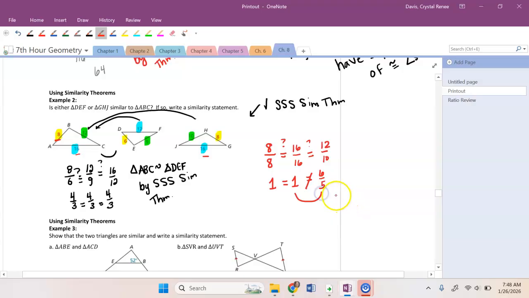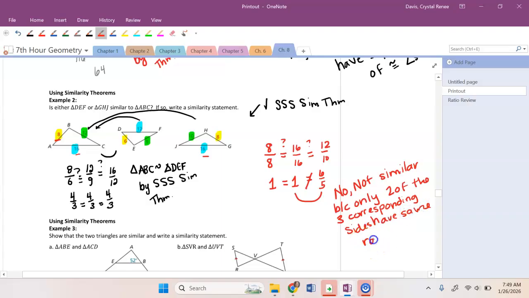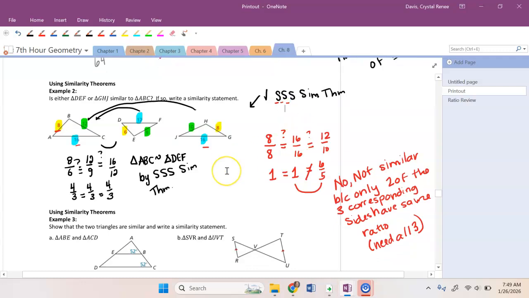Okay, so no, these are not similar because only 2 of the 3 corresponding sides have the same ratio. Okay, and in parentheses we need all 3. Side, side, side means all 3 corresponding sides have to be the same.